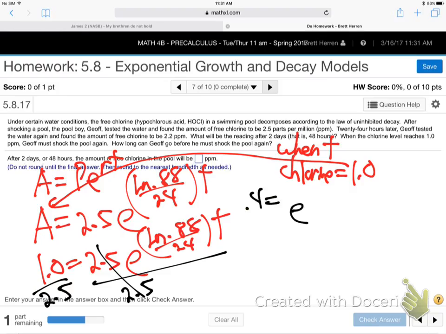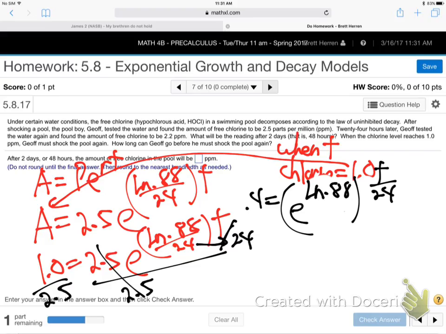0.4 is e to the ln 0.88 over 24 t. Hey, remember the trick? Let's do the trick over here. It'll help. Remember how we do this? We just make it e to the ln 0.88, and the t over 24 is outside of that. Remember, you just move that 24 out here underneath the t.